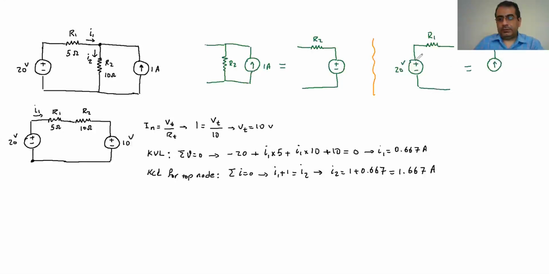It goes up because the positive is up there, and the resistance, the same resistance, but this time in parallel. So it's going to be R1. I replace these two with this format.